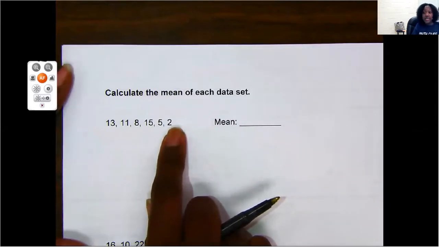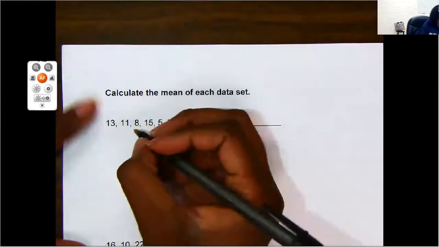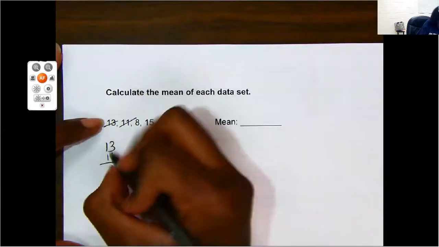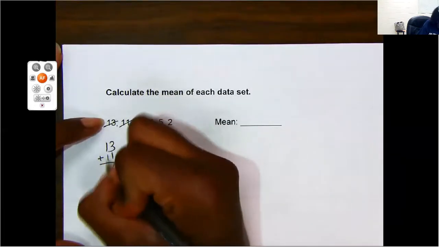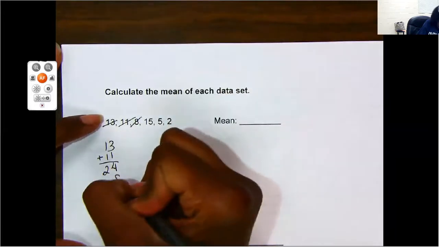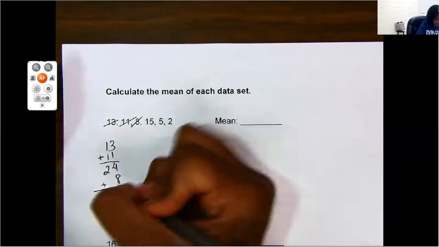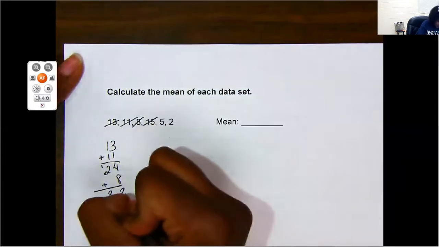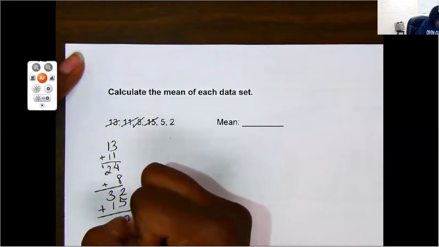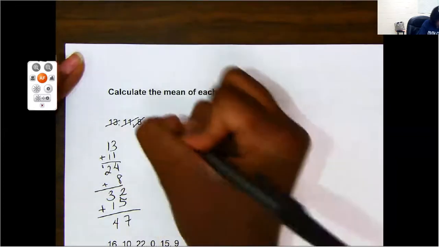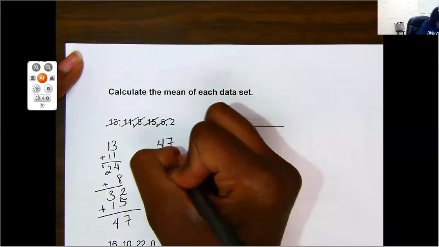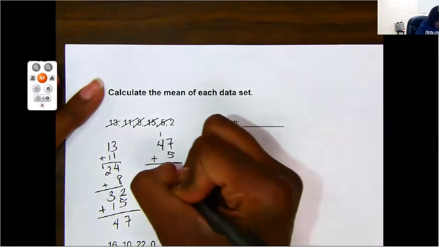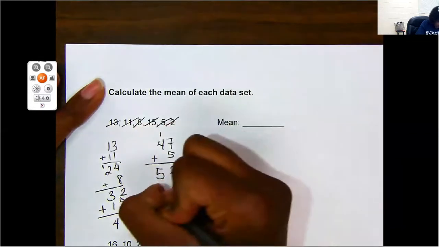But our step 1 is to add them all up. So let's just line that up. 11 and 13, we're going to do those first. That's 24, and then I need to add 8, which gives 32. Then I need to add 15 to that, which is 47. Then I add 5, which gives 52, and then finally I need to add 2 to that.